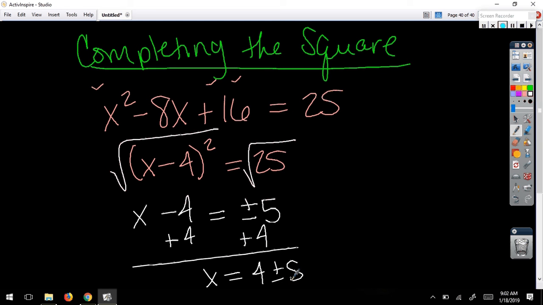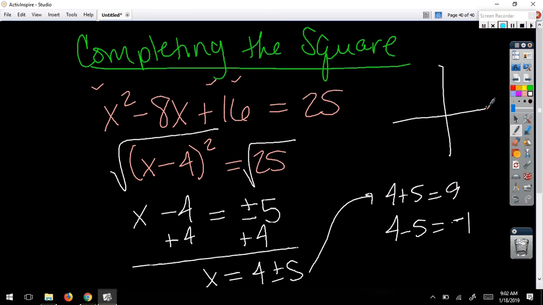I do want you to understand what that means, because when we start quadratic formula on Tuesday, you'll need to understand. This means literally 4 plus 5 is 9, or 4 minus 5 is -1.